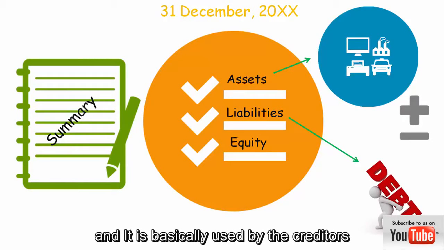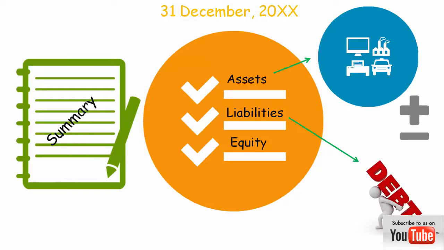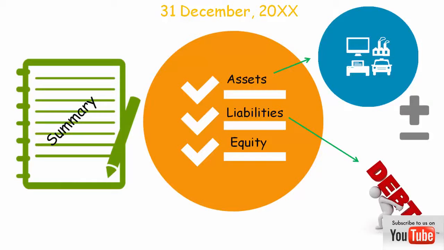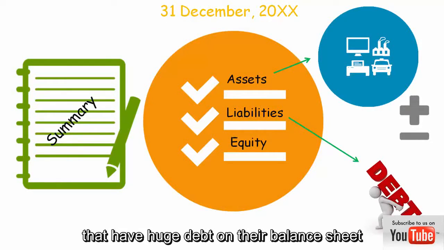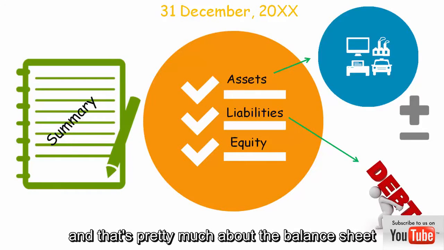And it is basically used by the creditors to know whether there are enough financial resources to operate or not. Also, it helps in knowing the current debt position, as investors are skeptical of companies that have huge debt on their balance sheets. And that's pretty much about the balance sheet.